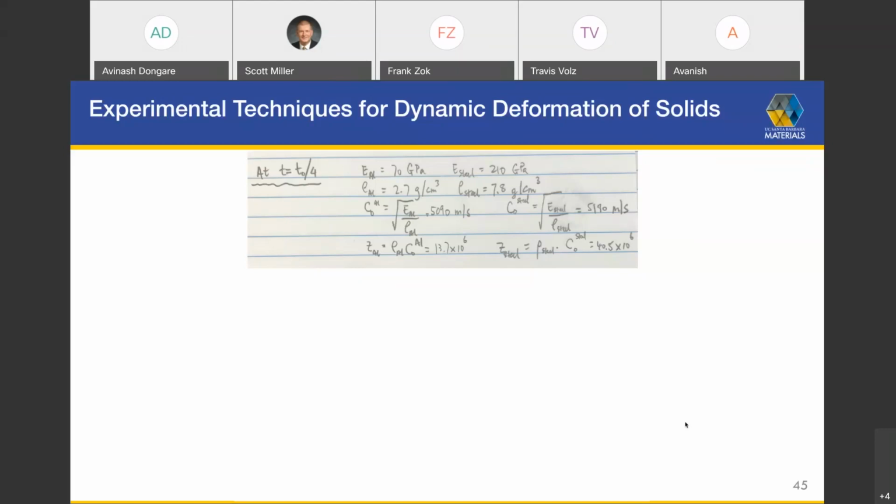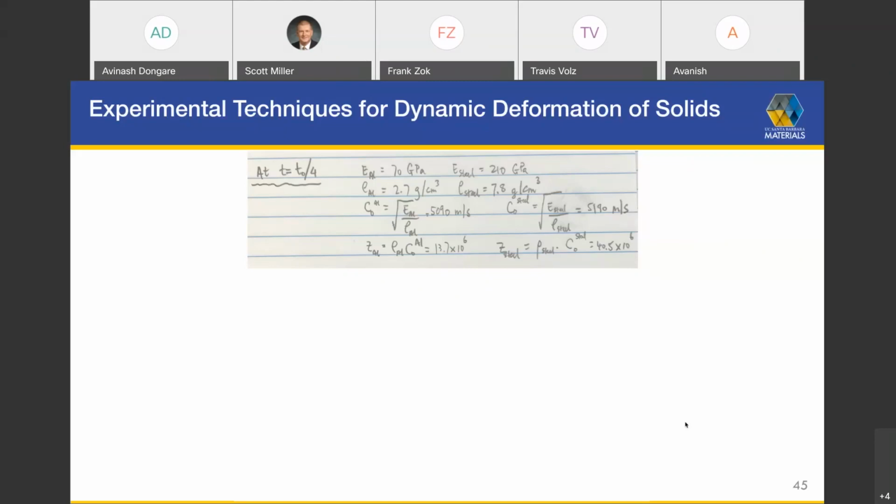This is actually true of most structural metals. The reason is that if you look fundamentally at the origin of these properties, you find that the modulus usually scales linearly with the mass density of the material, such that the ratio of the modulus to the mass density is pretty much constant over the whole range of structural materials.